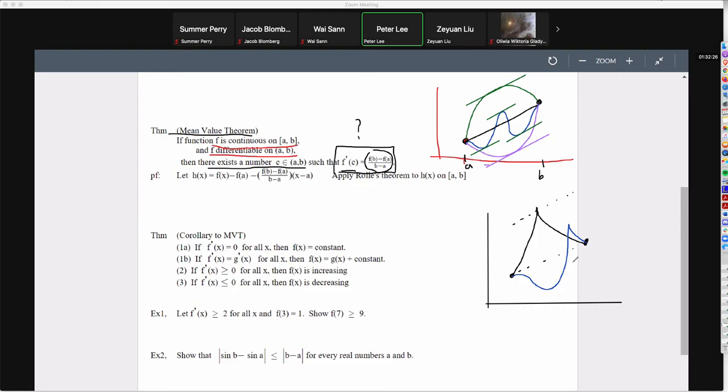In other words, this part is the hypothesis. We have two conditions. The function is continuous on closed AB, and the function is differentiable on open AB. Are the two conditions satisfied? So for this blue curve right here, does it satisfy these two conditions? Yes or no?